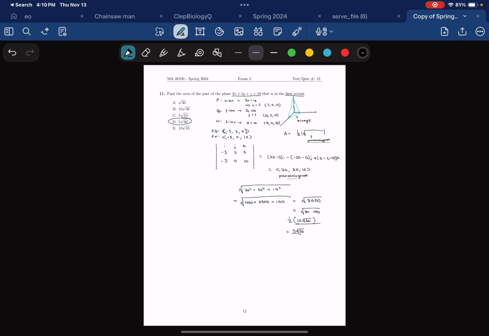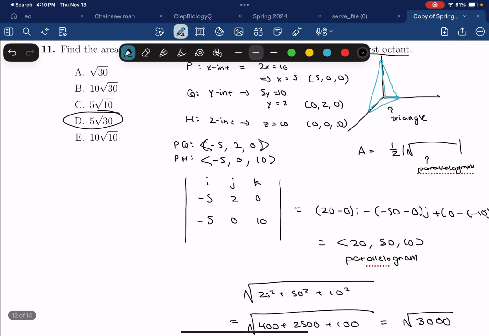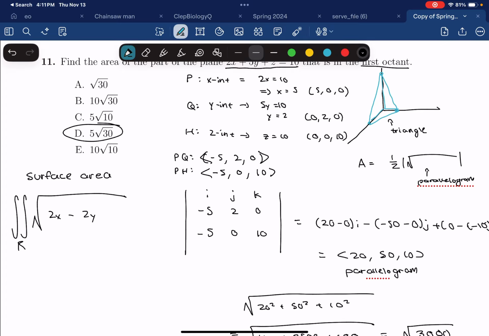But there's another method you can use, and it's quite strange too, but here it is. In order to find this, we have to find the surface area. And in this case, the surface area is the double integral of the square root of z_x squared plus z_y squared plus 1 dA.